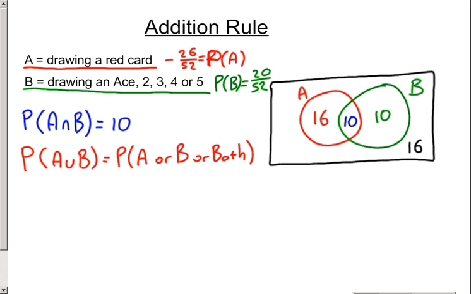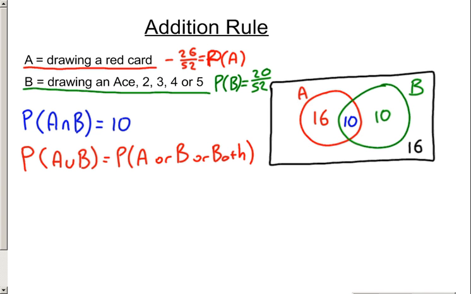That's what we mean when we say or. So when we say A or B, we actually mean A, B, or both of them. It doesn't mean it has to be A or B but not both. We always mean both in this case, unless it specifically says that it is only one of them.